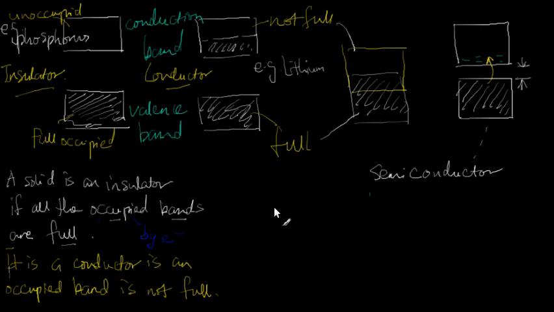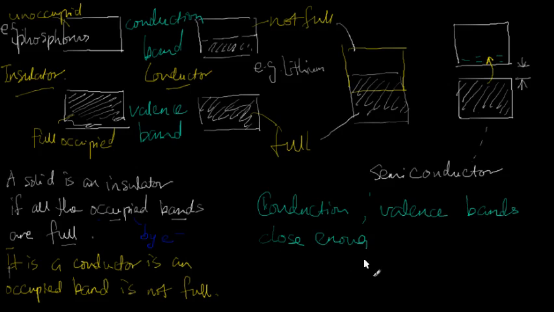In a semiconductor, the two bands, the conduction and valence bands, are close enough that thermal energies can excite.